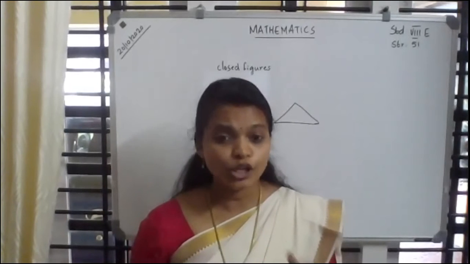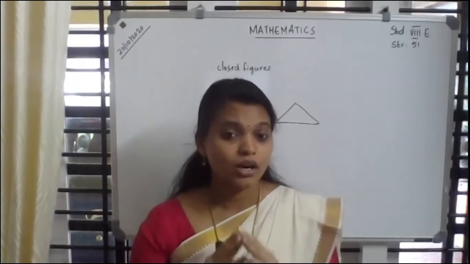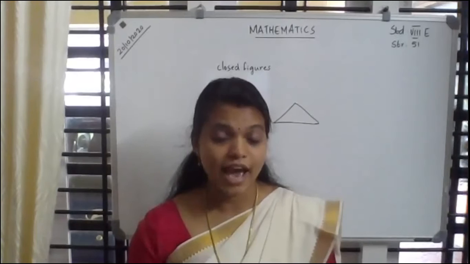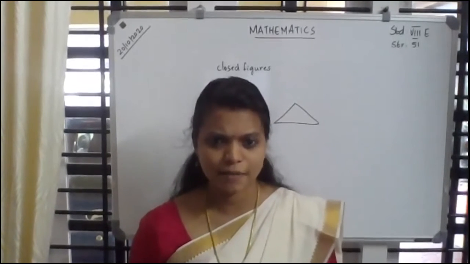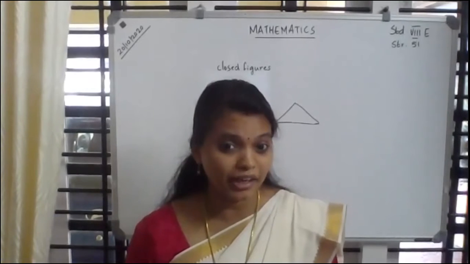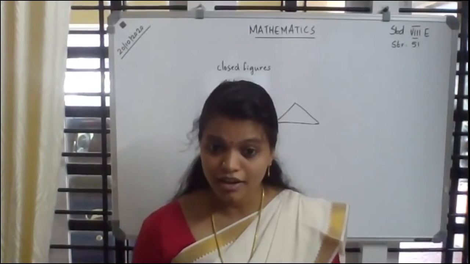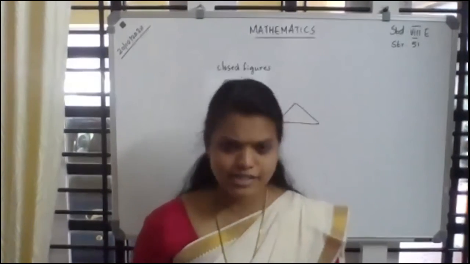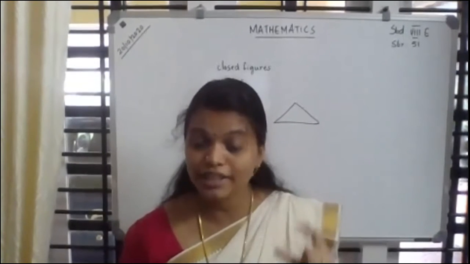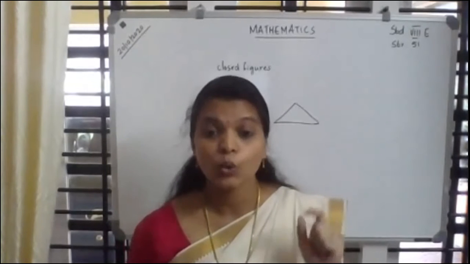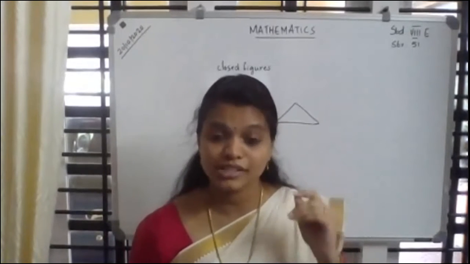So, what can you say about a definition for the term polygons? A polygon should be a closed figure with some sides and angles. The definition is: a polygon is a closed figure with 3 or more sides.